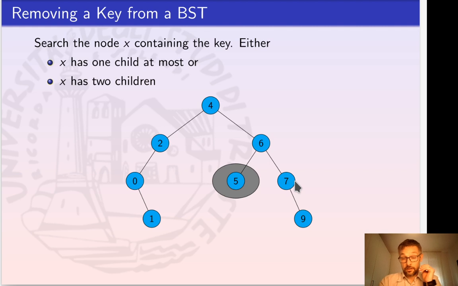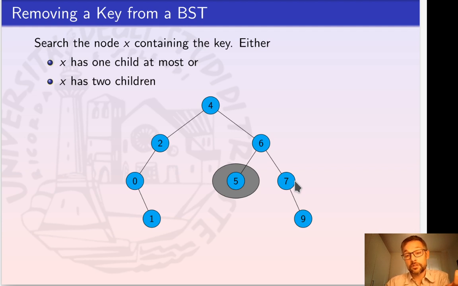Okay, so we understood how to remove values, and this can be done simply by searching the node containing the key and then considering these two cases. Either x has at most 1 child, and in that case we can simply replace the node itself by its child, or it has 2 children, and then we can find the successor of that node on the BST.